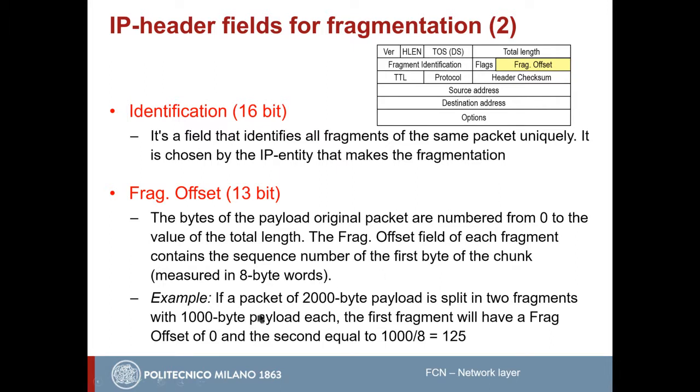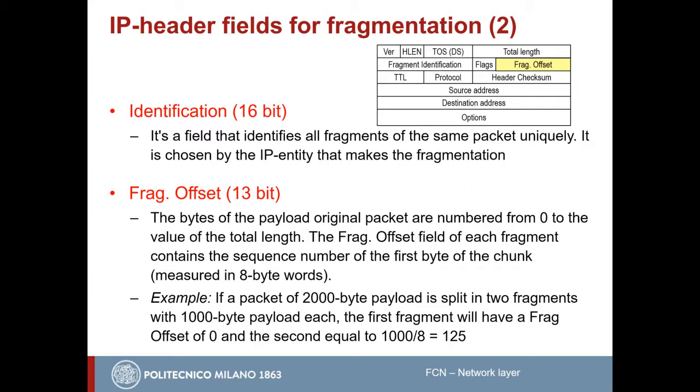For example, here we have a packet with a payload of 2000 bytes, and if we split it into two fragments, each one will have 1000 bytes as a payload. So the first fragment will be identified with a fragment offset value of 0, because the first fragment takes the bytes from number 0 to number 999. These are the bytes in the original packet which are contained in the first fragment.